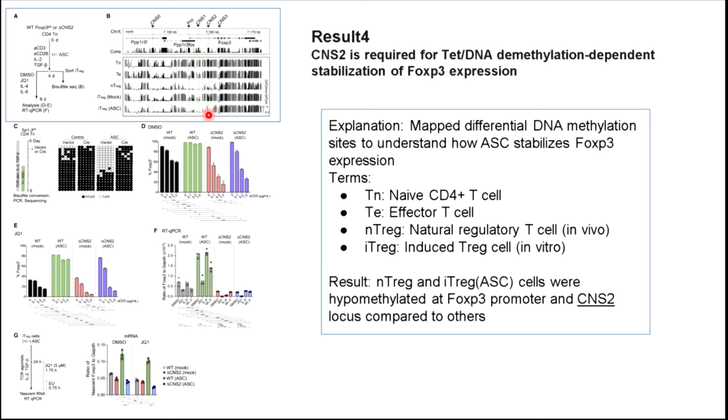Based on this data and published reports, they suggested that ASC treated iTreg cells are an excellent ex vivo model in which to study DNA demethylation dependent control of Foxp3 expression.